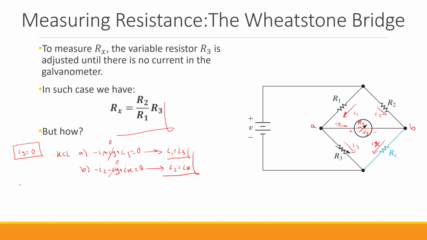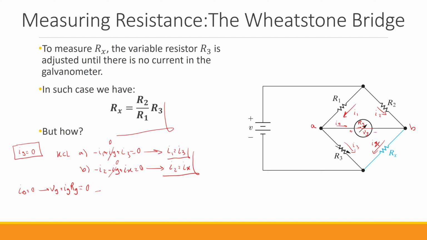So VG, for when IG equals 0, which equals IG multiplied by this tiny RG, equals 0. So in this case, node A and node B are practically at the same voltage. So you can think of them as being connected to the same point.